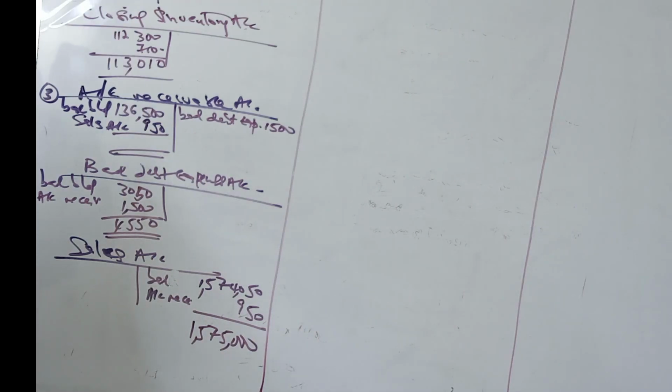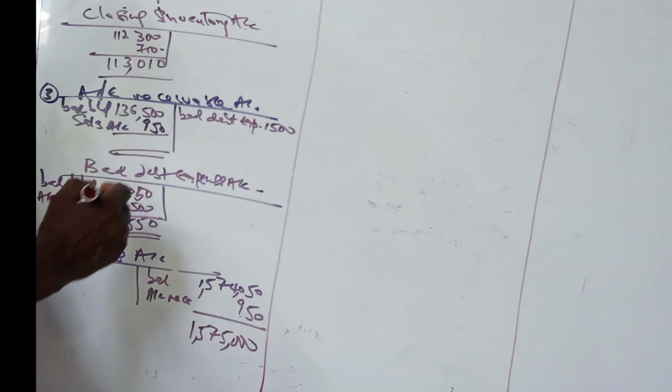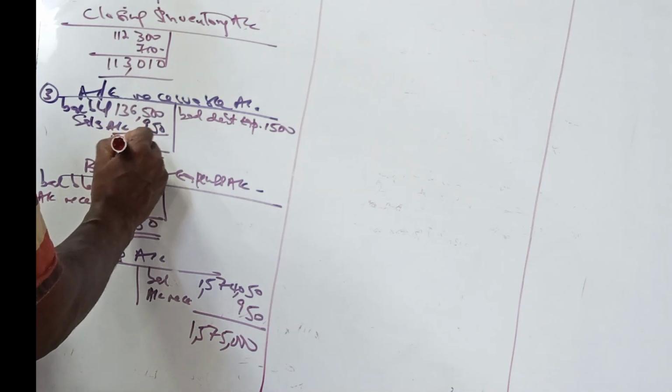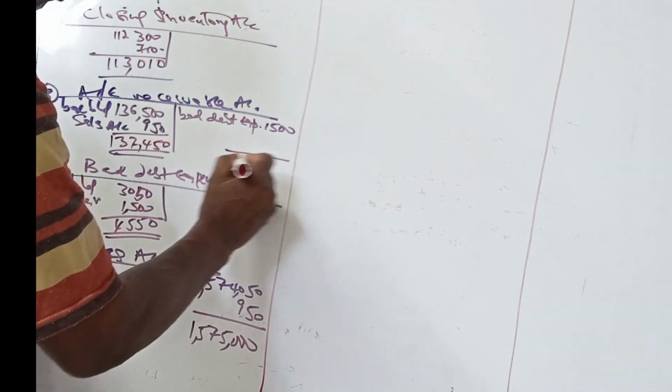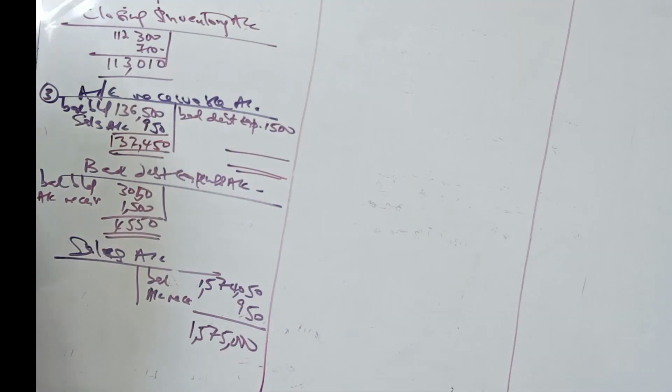So 136,500, that is our accounts receivable, plus 950, we get a figure of 137,450. Then we subtract our bad debts of 1,500.